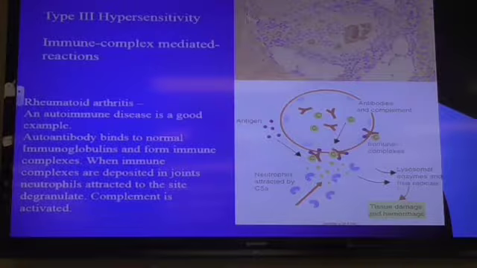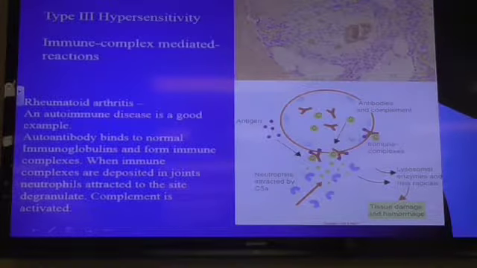You will see that disease again when we talk about autoimmune diseases, but here the patient develops autoantibodies against its own normal immunoglobulins. These autoantibodies bind to the normal immunoglobulins, form immune complexes, get deposited in the joints, and in turn attract neutrophils, as you are seeing on this slide.